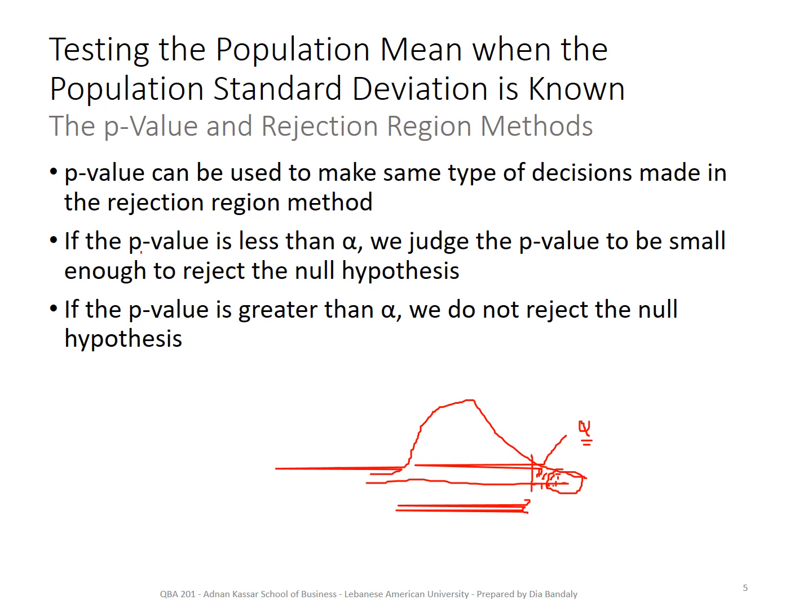If the p-value is less than alpha, we will be rejecting the null hypothesis. If, on the other hand, p-value is greater than alpha, then we will not reject the null hypothesis. So this is the criterion that we're going to use if we are using the p-value and we need to make a conclusion about our test.